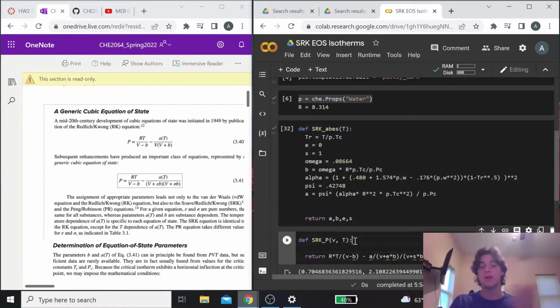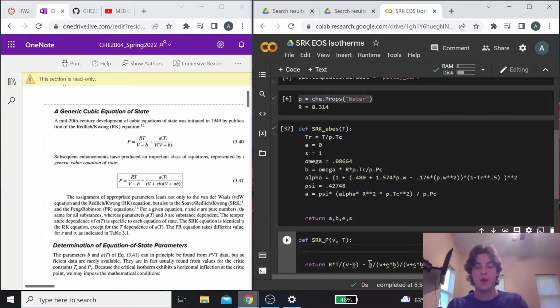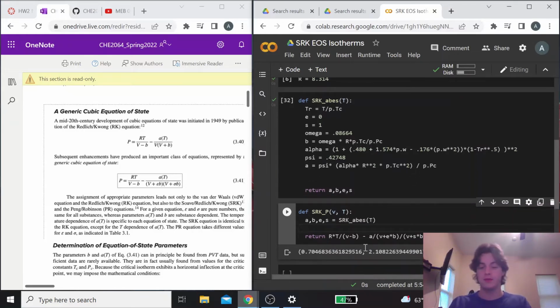So now we can use the function we just wrote, because we need our A, B, E, and S values. So A, B, E, and S will be equal to our function at that temperature. All right, and this will calculate our values, and there we have it.